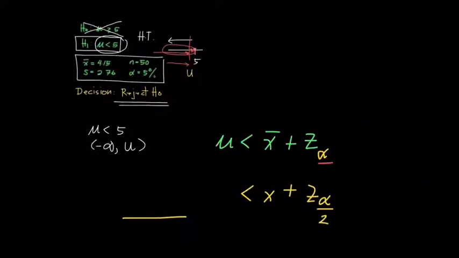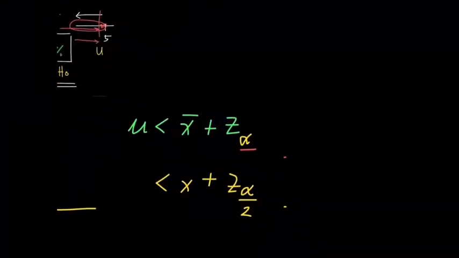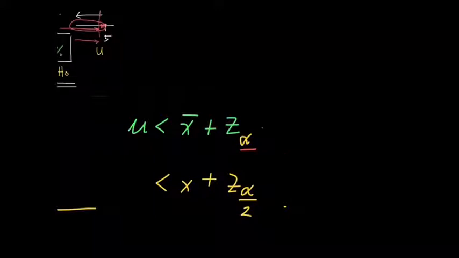We no longer take half of the alpha when we use a one-sided confidence interval. So to continue, this formula will be z of alpha times the standard deviation over the square root of n. So let us compute the value.